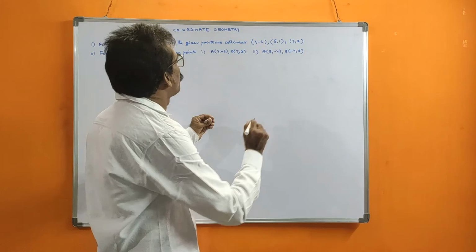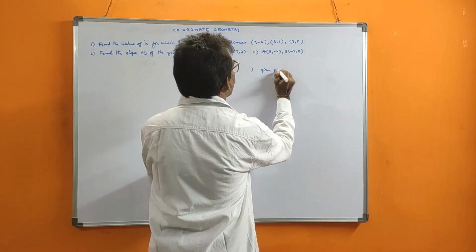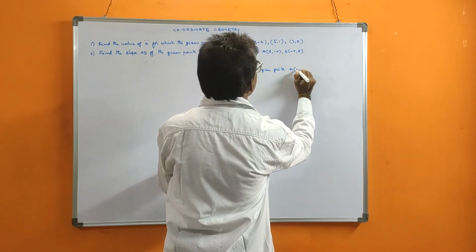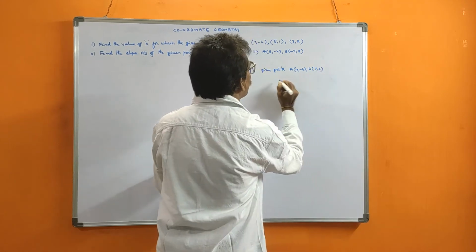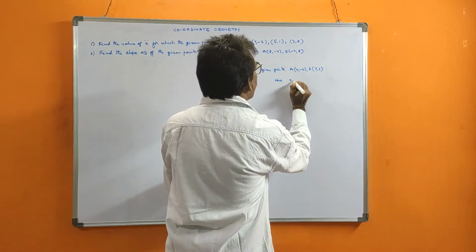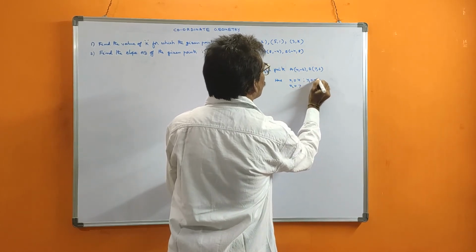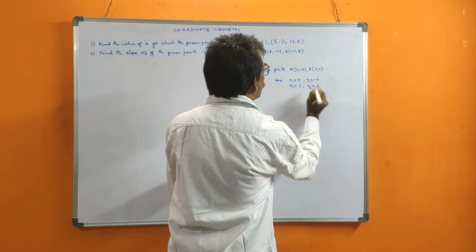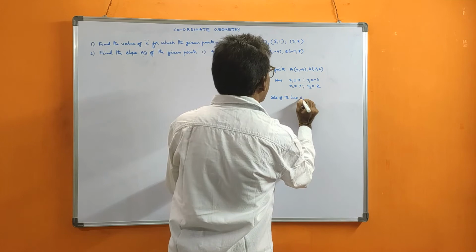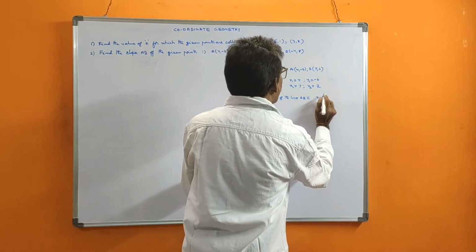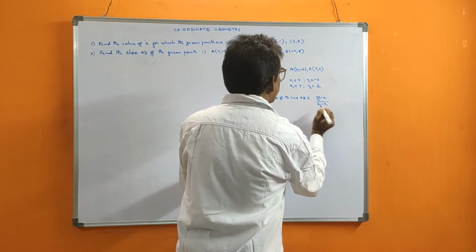Okay. Now the first problem. Given points A(4, minus 6), B(7, 2). Therefore here x1 is equal to 4, x2 is equal to 7, y1 is equal to minus 6, y2 is equal to 2. Therefore the slope of the line AB, what formula did I tell? y2 minus y1 by x2 minus x1, that is the slope.